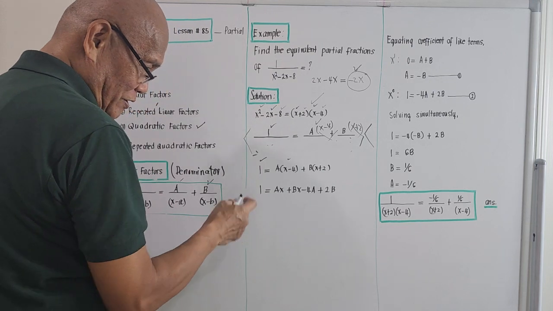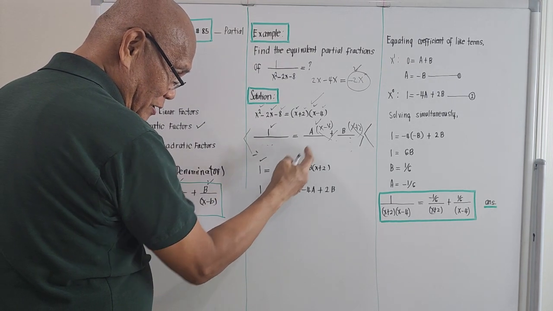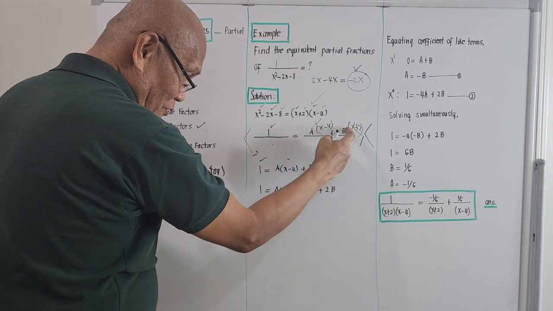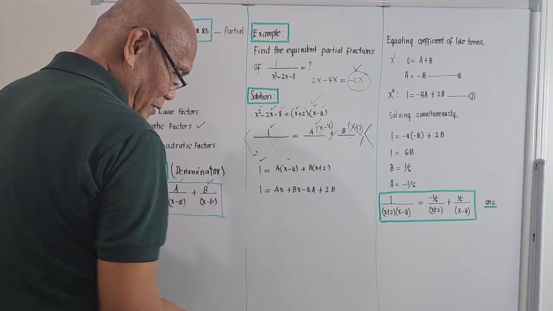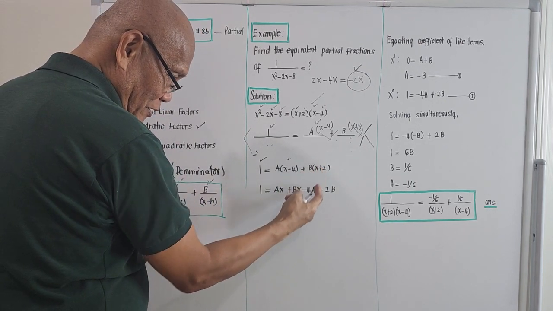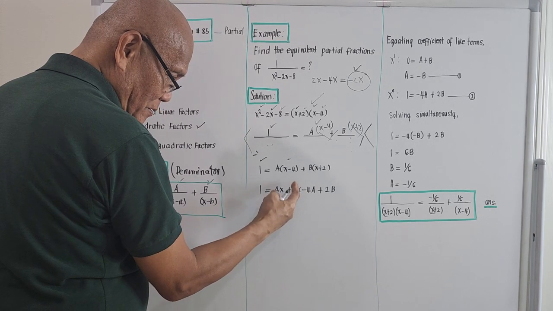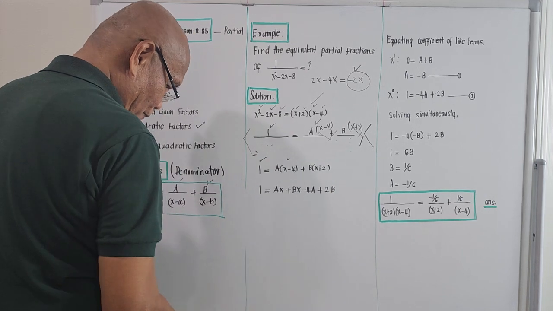So what comes out is just 1 equals A times x minus 4 plus B multiplied by the quantity x plus 2. If we simplify this, A times x is Ax, minus 4 times A is minus 4A, B times x is Bx, and B times 2 is plus 2B.